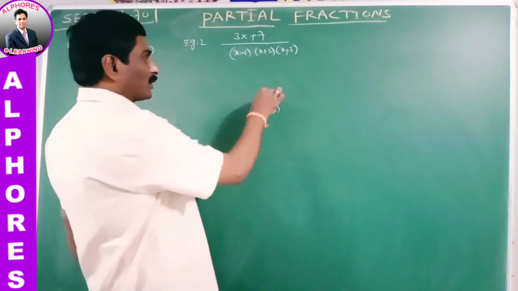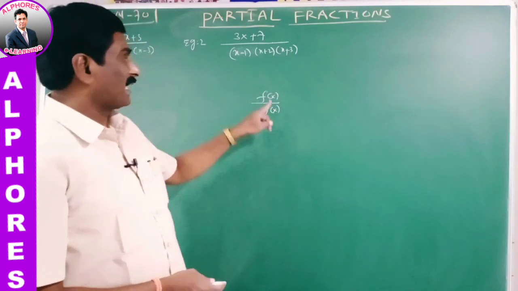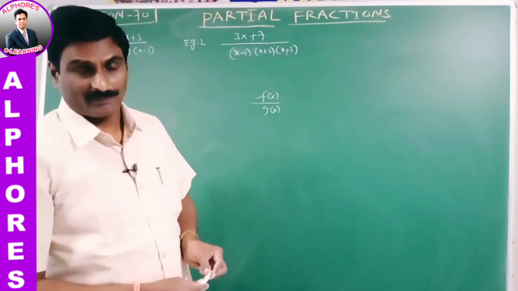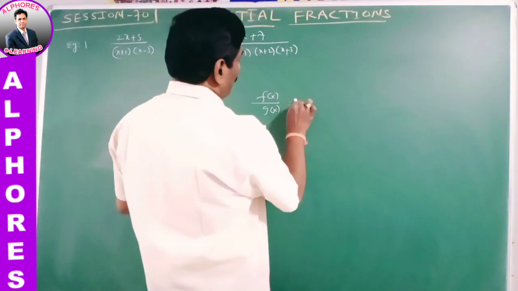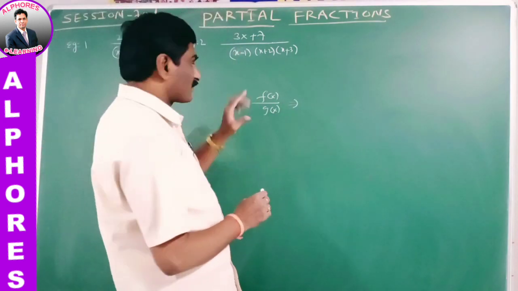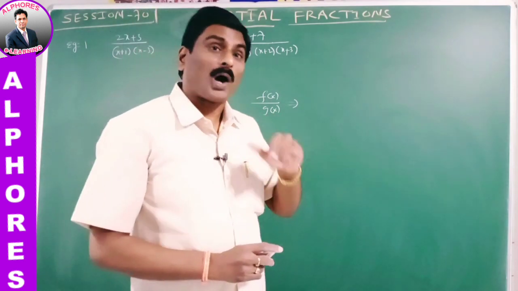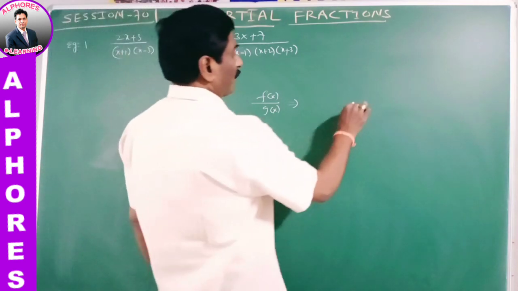If the degree of numerator is less than degree of denominator, it is said to be proper. If degree of numerator is equal to or more than degree of denominator, then it is said to be an improper fraction. We divide f of x by g of x into partial fractions when it is a proper fraction.